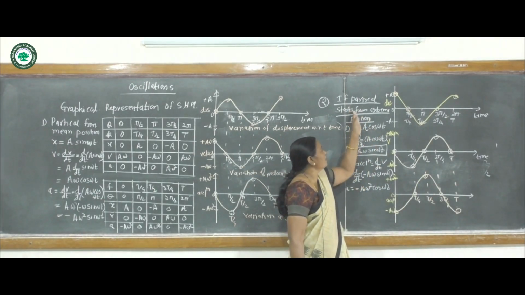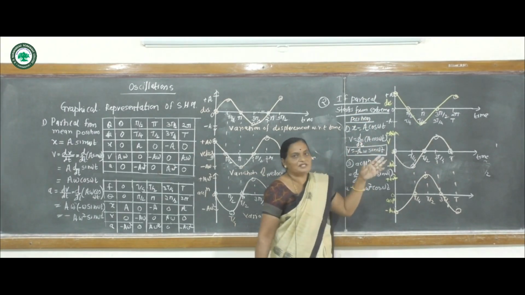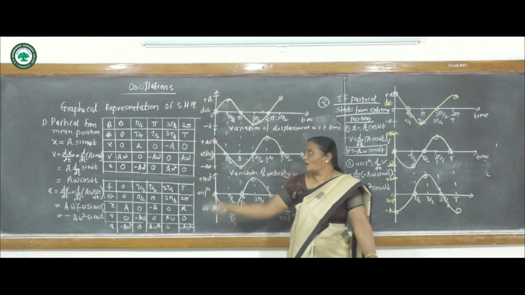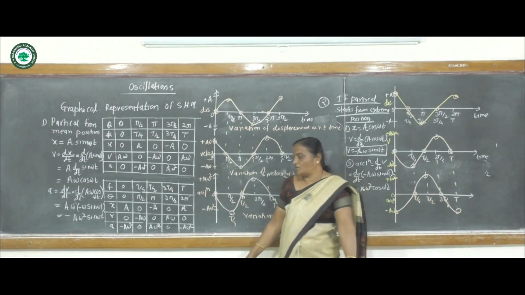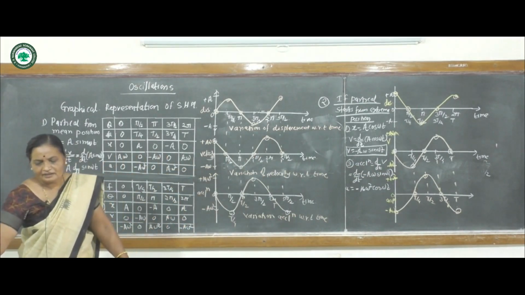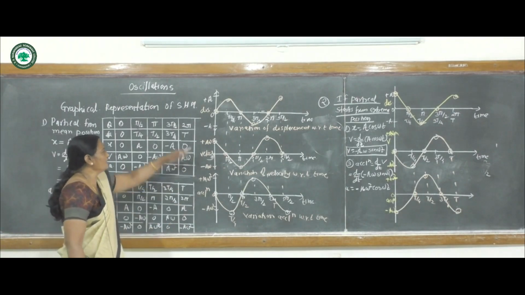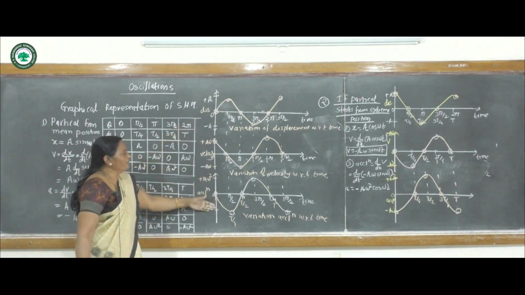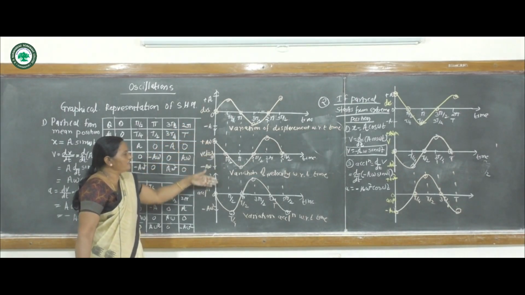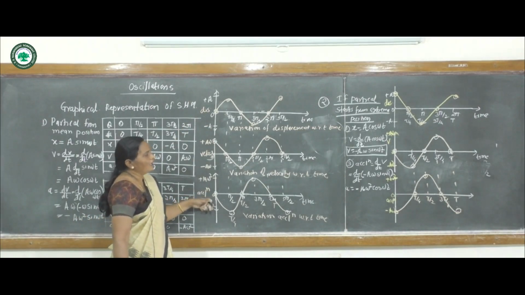If the particle starts from the extreme position, the displacement, velocity and acceleration can be shown graphically like this. Now see, we can conclude here that there is a phase difference of pi by 2 between displacement and velocity, and pi by 2 between velocity and acceleration, and displacement and acceleration are out of phase.